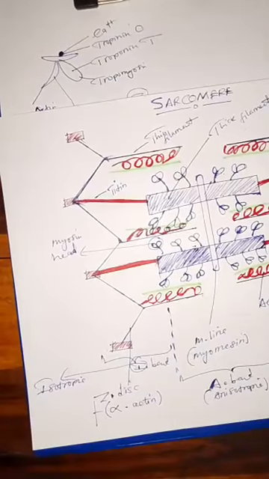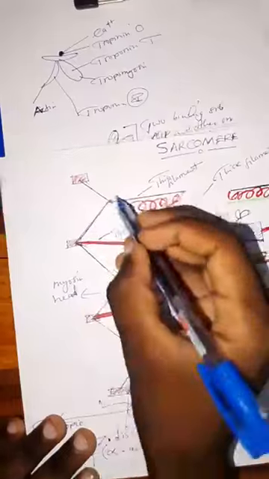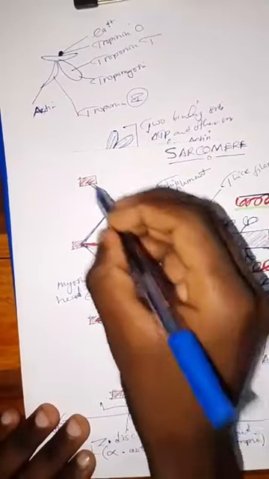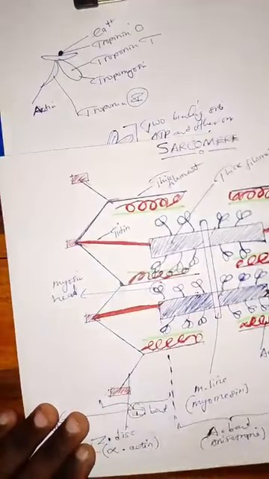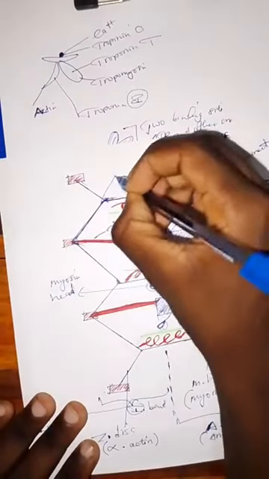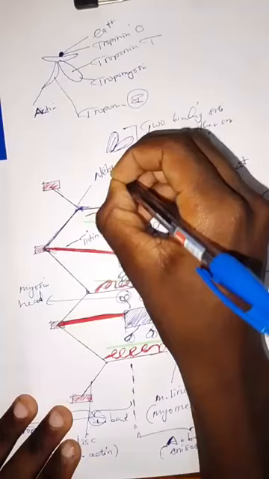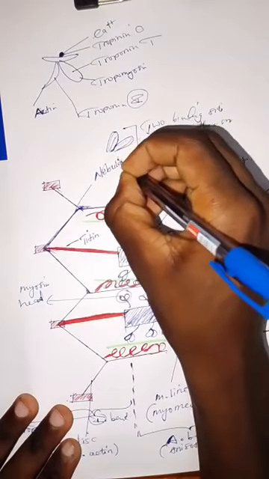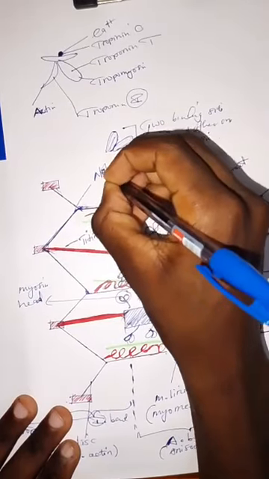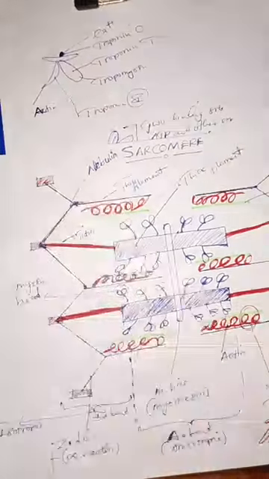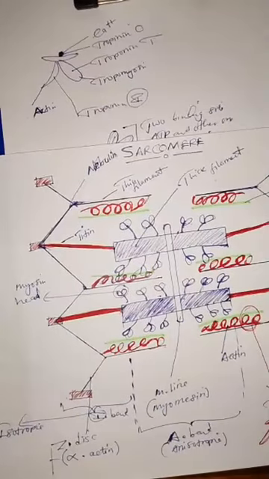There's actually a protein connecting the thin filament to the Z disc. This is the thin filament, and the protein which connects this filament to the Z disc, this zigzag line, is called the nebulin. Don't forget, the nebulin connects the thin filament to the Z disc.